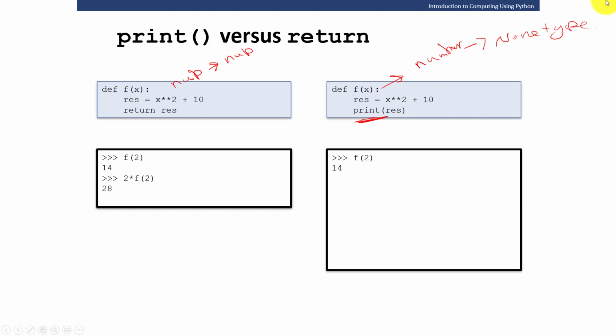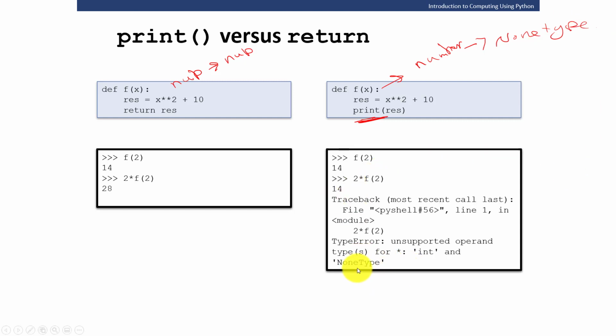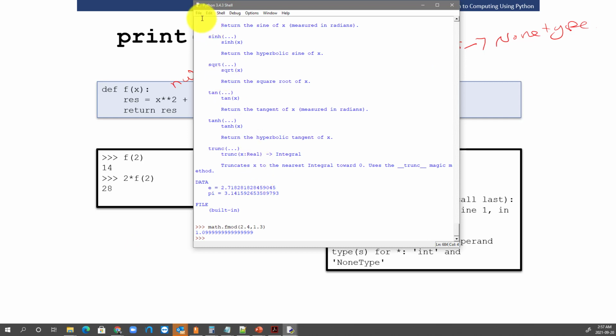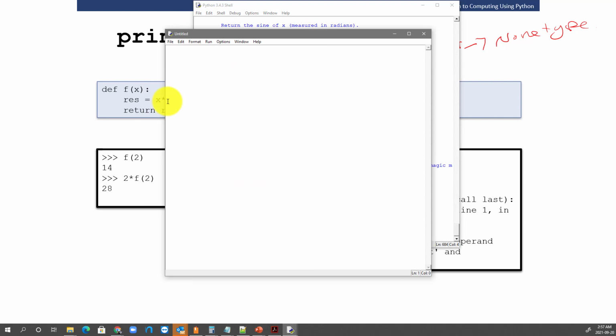So if I do the same thing here, it's going to give me an error because I cannot do a multiplication between a None type and an integer type. So that's the main difference between return and print. I can show it to you in Python. So file, new file, let's go here and take a look at this.